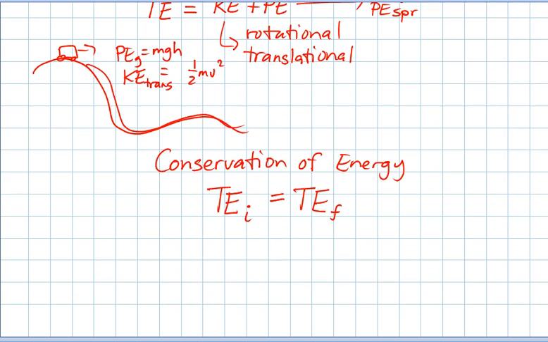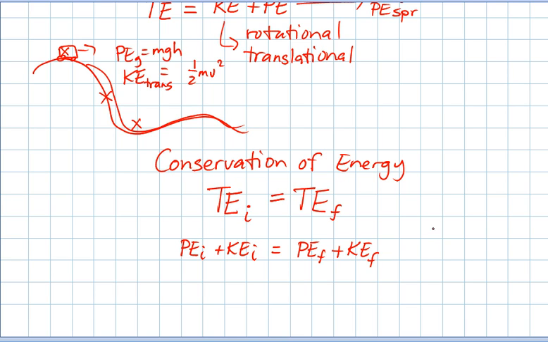Okay, so this could be the total energy maybe at the top of the hill, or the total energy at the bottom of this hill, or somewhere in between. No matter what, the total energy, the potential energy initial plus kinetic, will be equal to final potential plus final kinetic.